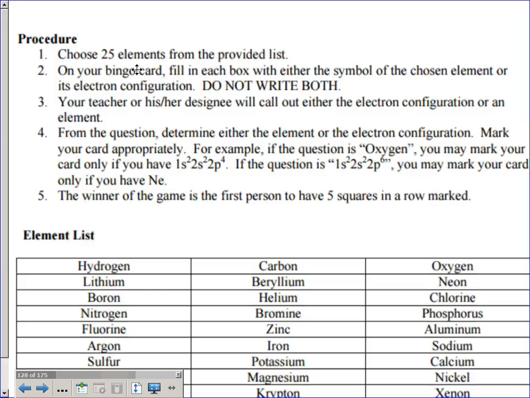Fill in the box with either the symbol that shows an element or the electron configuration. It says do not write both, right? So I'm going to call out symbols and electron configurations. If you have the symbol and I call the electron configuration for it, then you say check. If I call the symbol for an electron configuration you have, you say check.